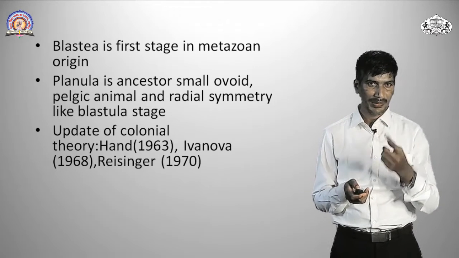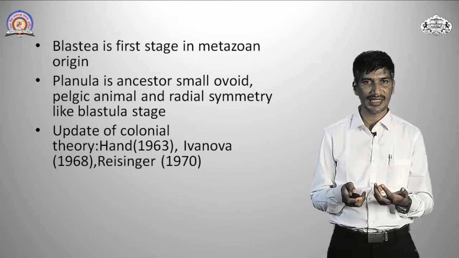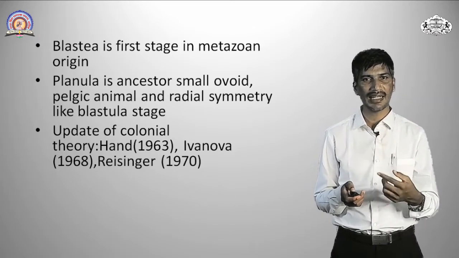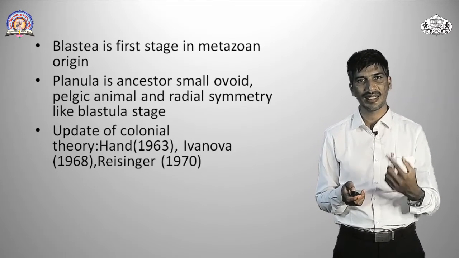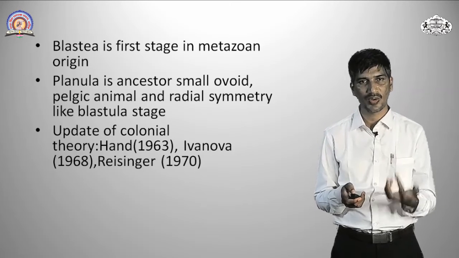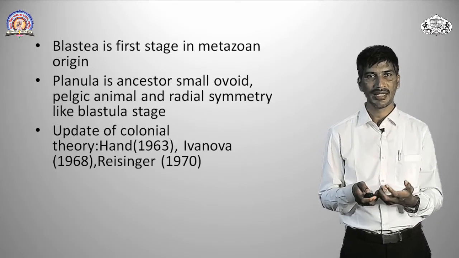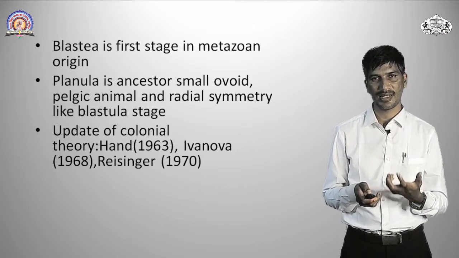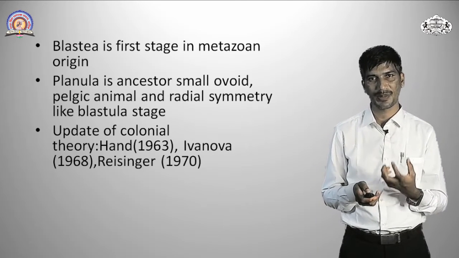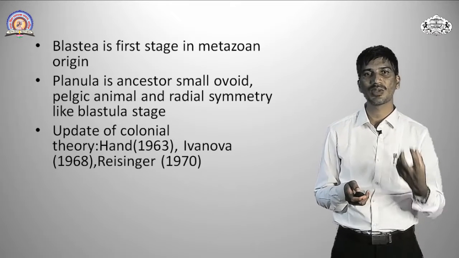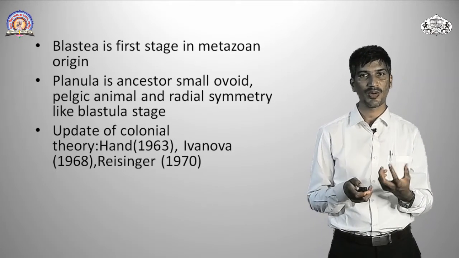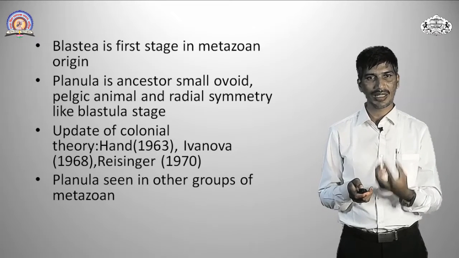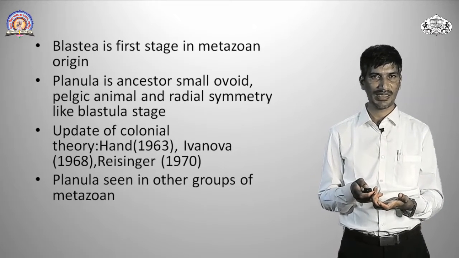But before this, the updated colony theory. In that there are Hand, Nielsen and Rieger. Again, this same theory is renamed and known as the updated colony theory. What they suggest in that theory is basically how a blastula-like structure develops from the single-cell animal to the multicellular metazoan animal, the origin of metazoan animals. Then the planula is seen in other groups of metazoan, like the platyhelminthes group.